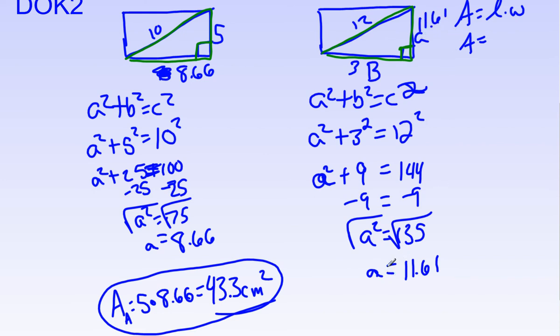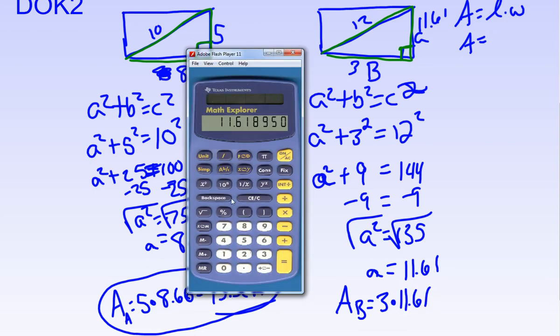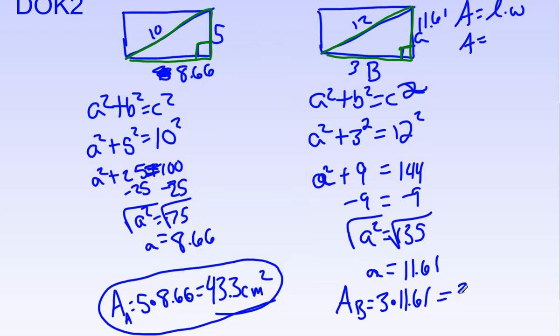To find the area of rectangle B, it's length times width, so 3 times 11.61 equals 34.83.